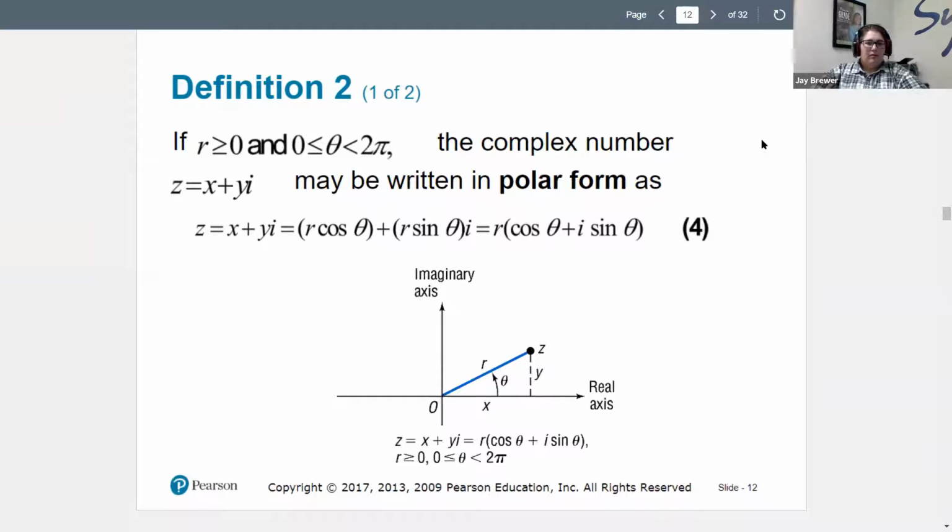If r is greater than or equal to 0 and theta falls between 0 and 2 pi, then the complex number z equals x plus yi may be written in polar form as the following. So it would be r cosine theta plus r sine theta i, and then you would just bring the i into the equation.